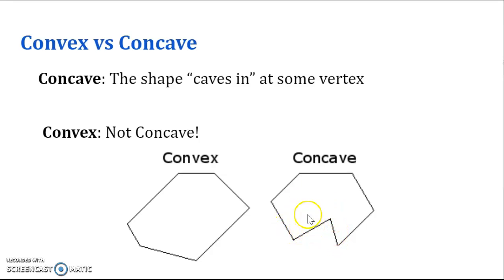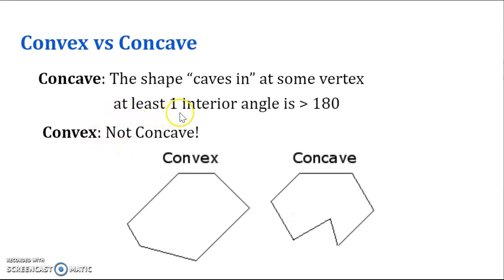So that's why we call this concave, while this is convex. With a concave polygon, you're going to have at least one interior angle that is greater than 180 degrees. Notice this angle here, okay? Because of the concavity right there, the angle is going to be greater than a straight line. A straight line is 180 degrees, but it's going to be bigger than a straight line, so that's greater than 180 degrees.